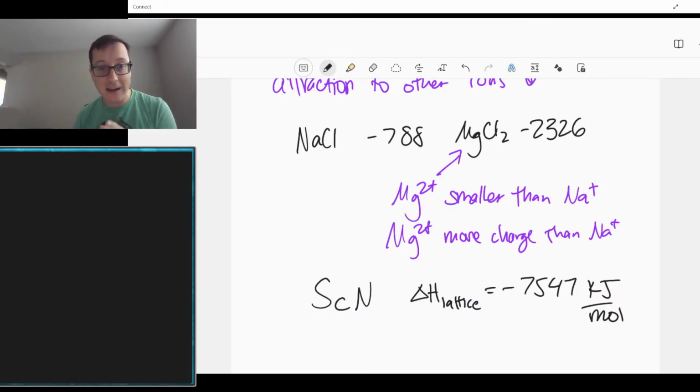So if you want high attraction, you want small atoms with a lot of charge. So N3 minus is relatively small, and it's got a negative 3 charge. So we're looking at definitely a relatively high lattice energy for scandium nitride here. All right, so that's the trend. That's what we're looking at here. That's kind of what you want to be looking at with this sort of thing.